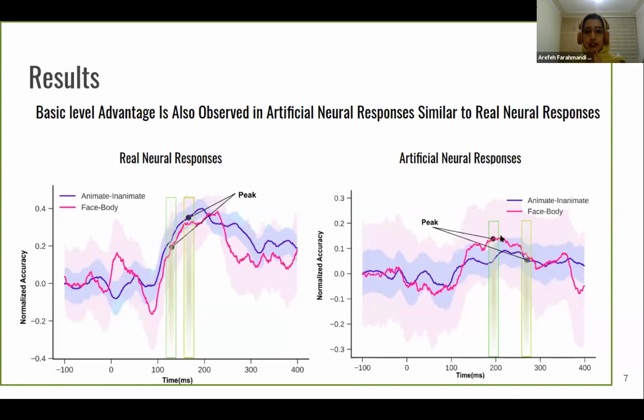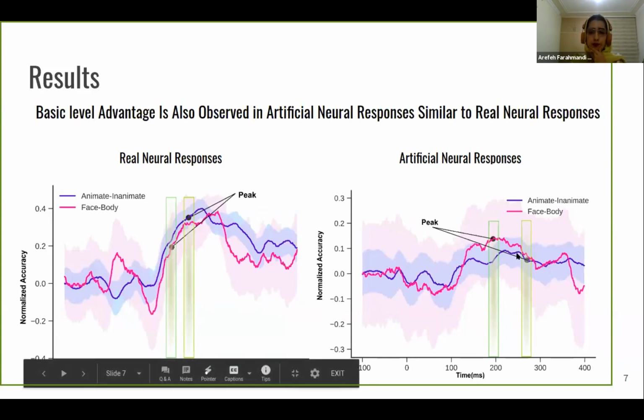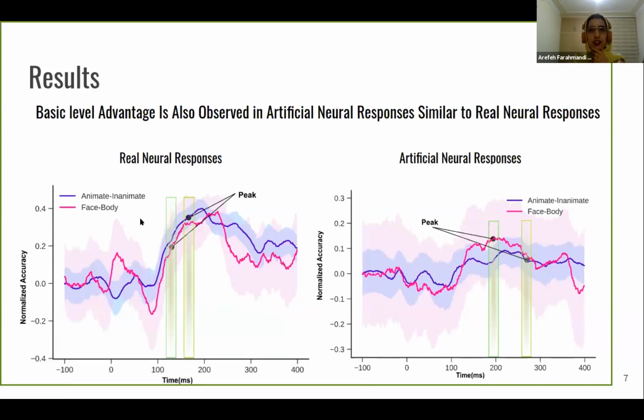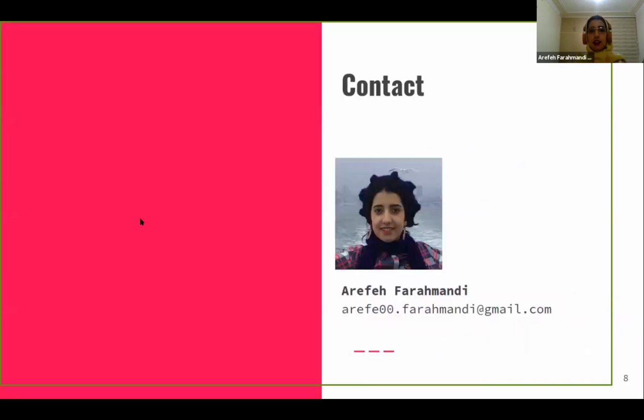And as you see, this is really great, because we have this observation here, and you can see the peak time of our accuracy in body face is sooner than the peak time of the superordinate level of abstraction, and it is really similar to our real neural response. So that's really great for us.